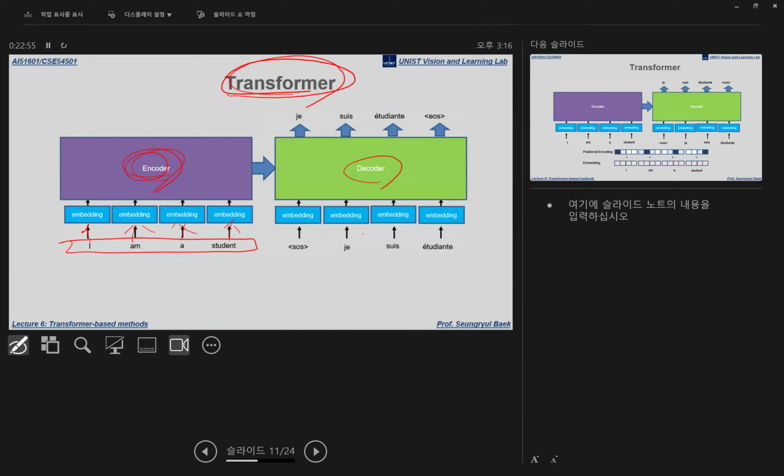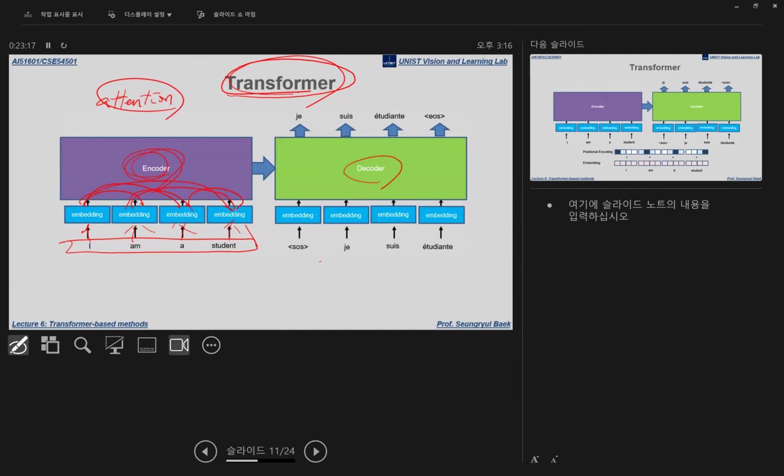Okay? And what they do is apply the attention mechanism. We will see in detail what this attention mechanism is. But basically, what this attention mechanism does is see all the pairs of the input.